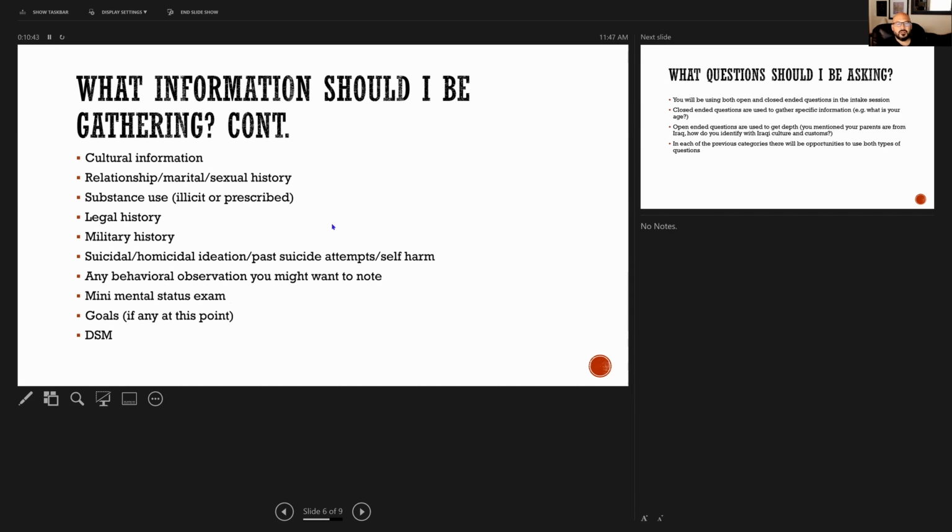Cultural information, so this could be specific to a culture that maybe they're not connected to, or maybe they are connected to. So understanding cultural information oftentimes leads you back to their parents and recognizing what their cultural background looks like. And I think a lot of times we think as Americans that we really don't have a culture. Well, we do have a culture, and it's usually passed on from generation to generation.